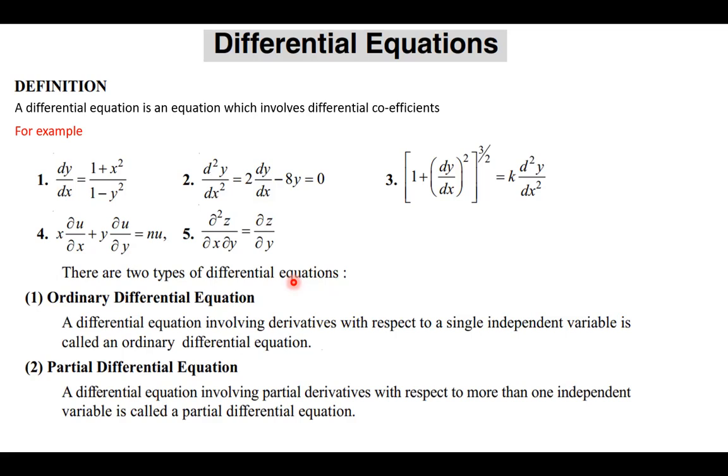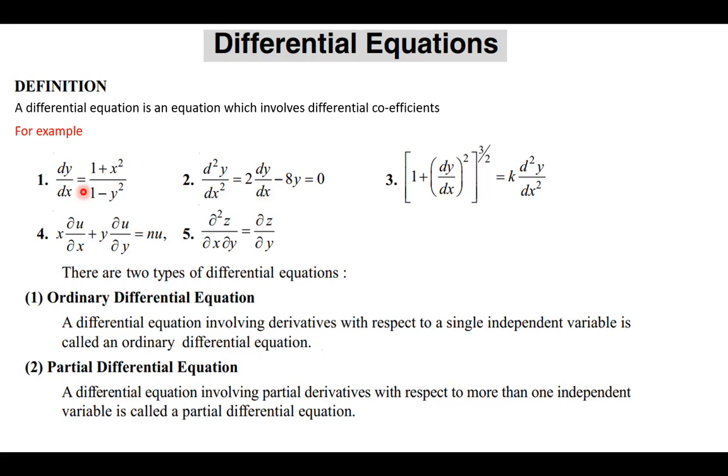What do you mean by an independent variable? When you look at the first equation there, this one has a single independent variable, which is x, because we differentiated with respect to only x, not any other variable.